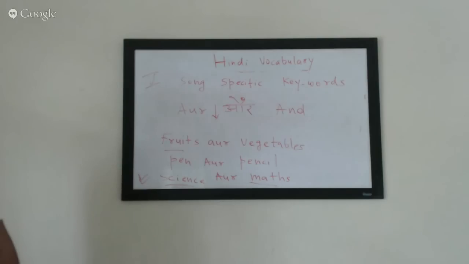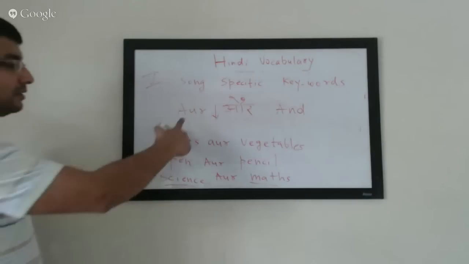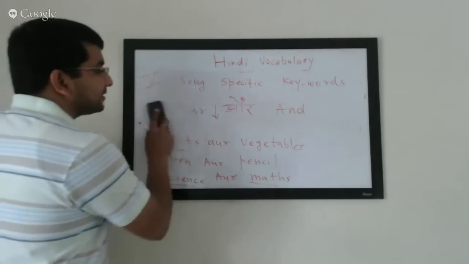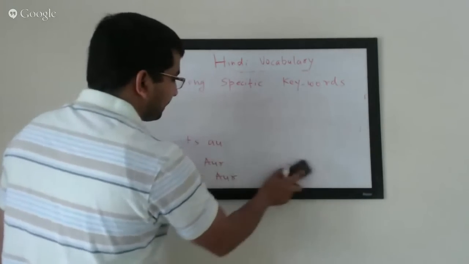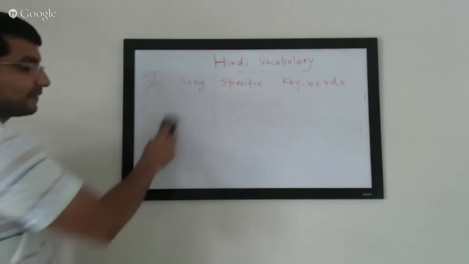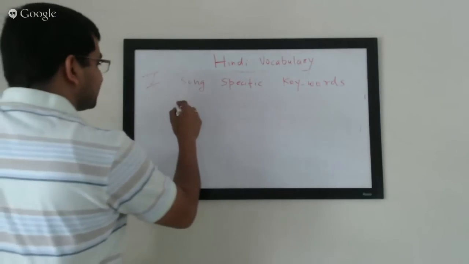So that was the one keyword, and I think it's very important, and you should remember it and try to use it whenever you can. Or. The second one is, the second keyword they have is called ya.